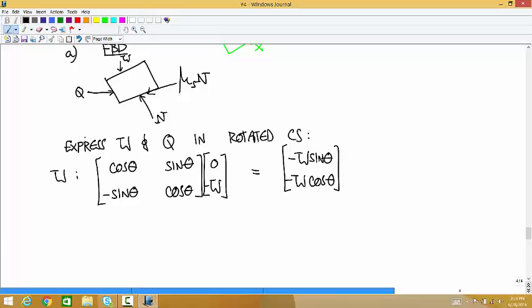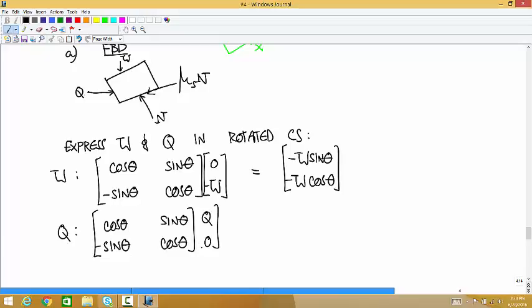And now we're going to do the same thing with Q. So we take this rotation matrix and multiply it by, in the non-rotated coordinate system, what are the components for this vector? Q, 0, yep. And so you get Q cosine theta, negative Q sine theta.